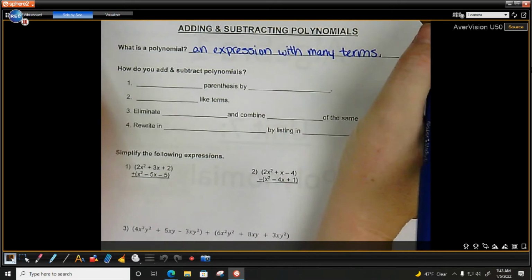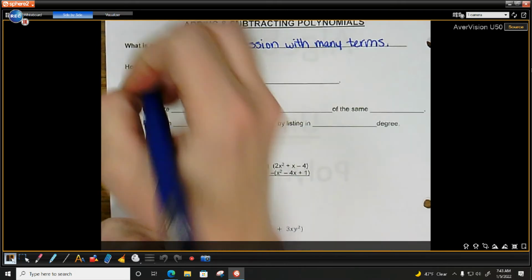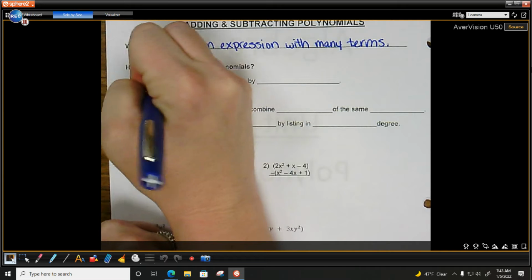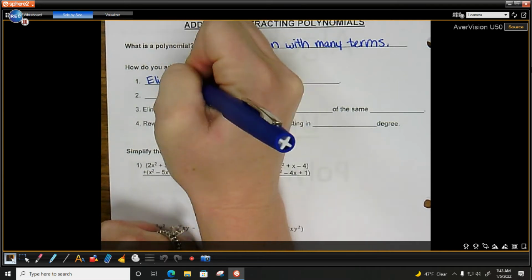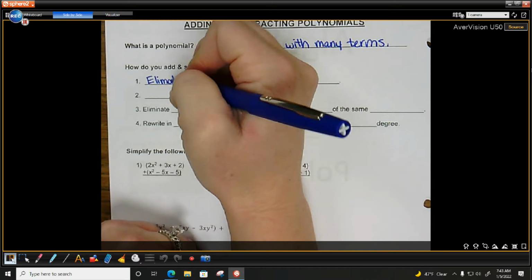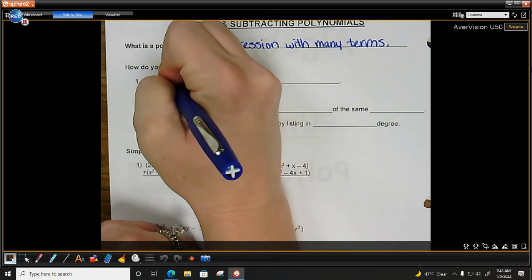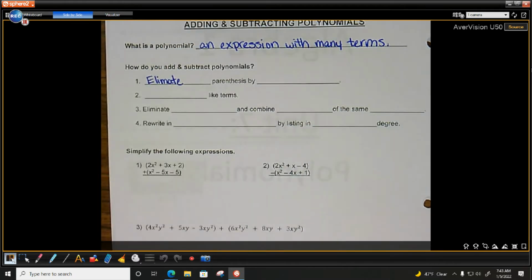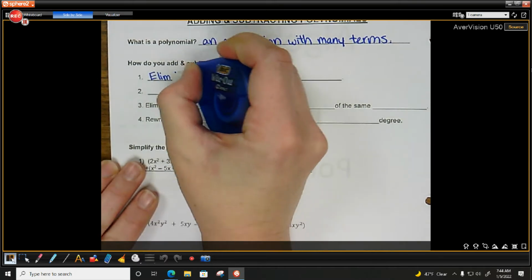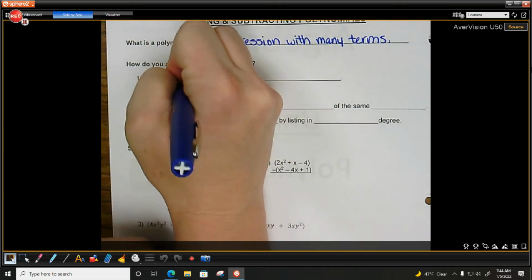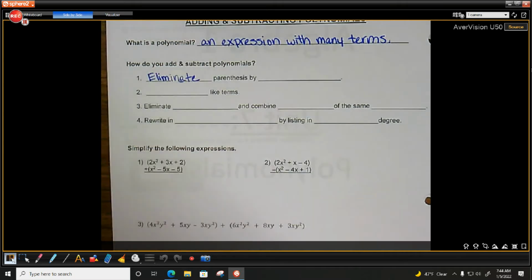How do you add and subtract polynomials? So first thing you need to do is eliminate the parentheses.